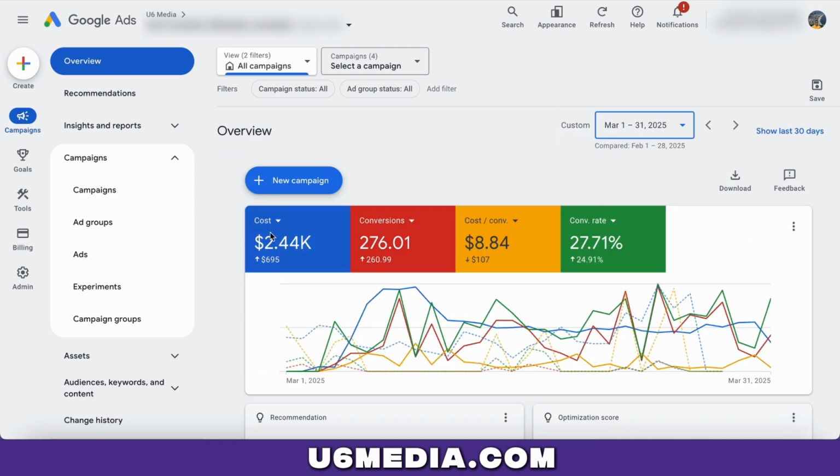From February to March, we increased the spend by $695. Conversions increased by 260 leads. Cost per lead went down from $107 to $8.84 for the month of March. And conversion rate increased from 2% to 27.71%.